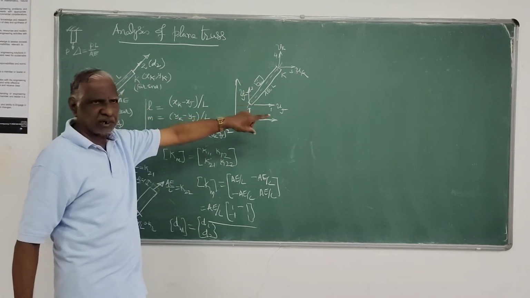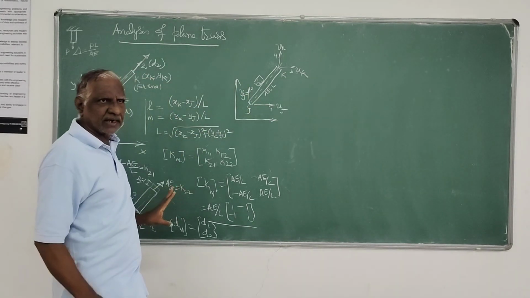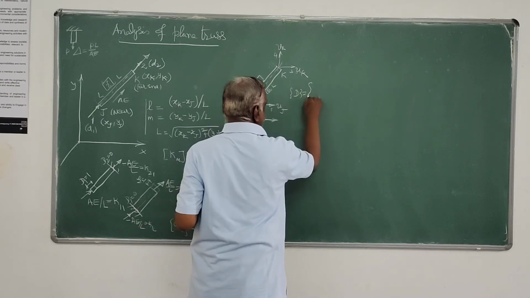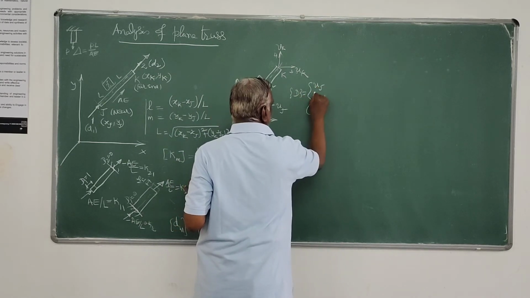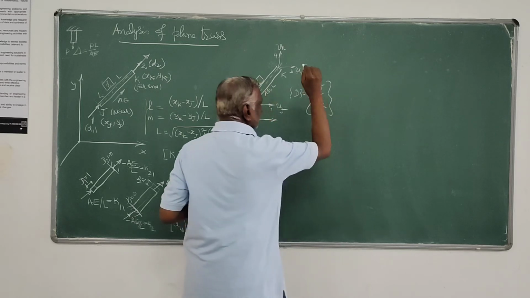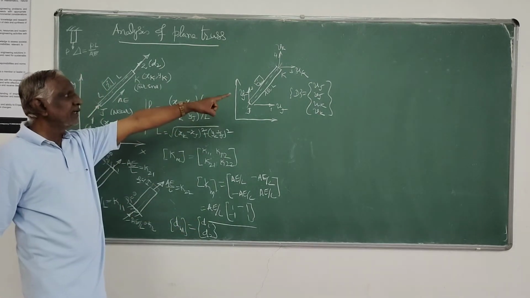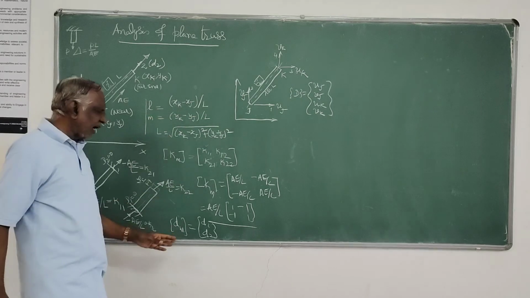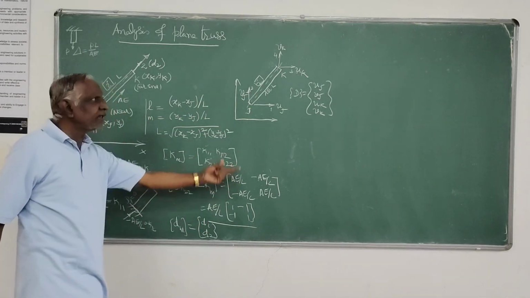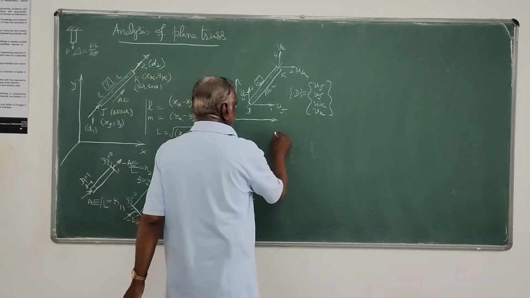When you have 4 displacements along these coordinates, which are taken as the positive direction, the global displacements are uj, vj, uk, vk. Here it is only d1, d2. Here it is uj, vj, uk, vk. I have to find out the relationship between this local displacement versus global displacement. That you can easily do.